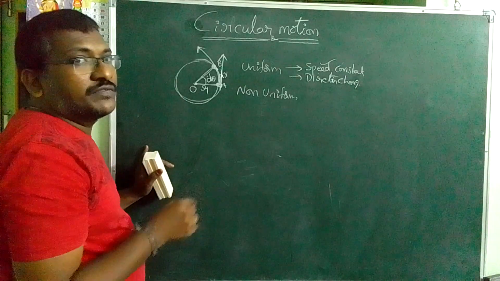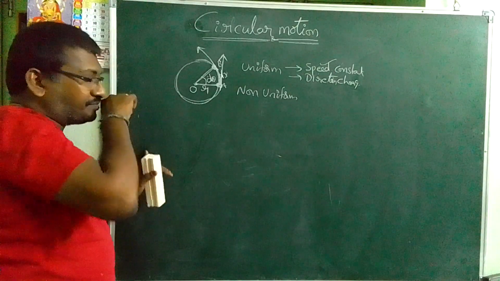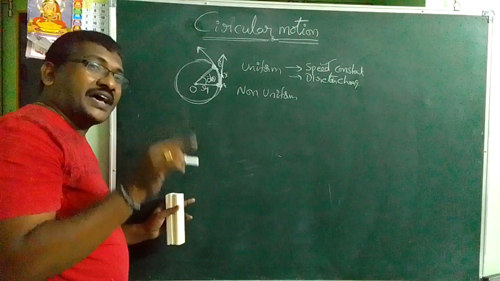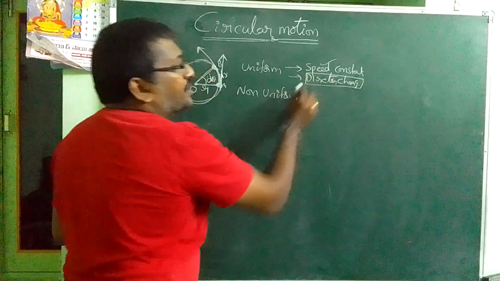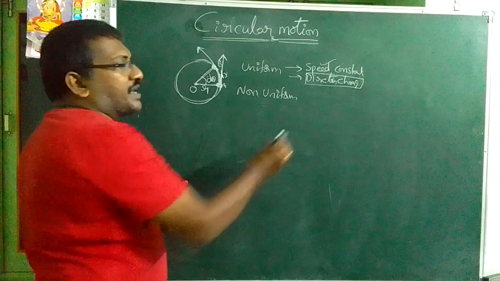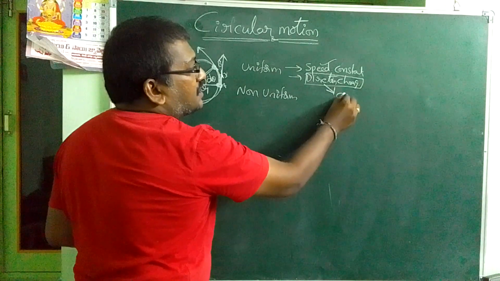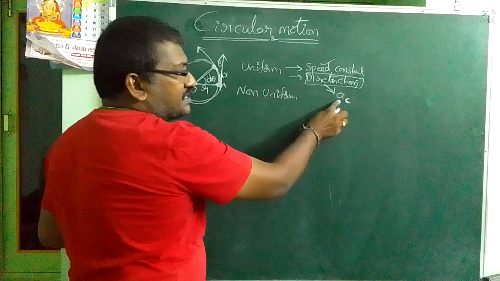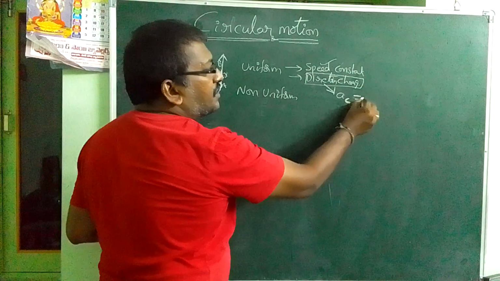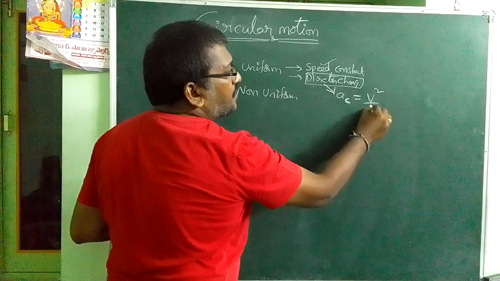That's why the body gains some acceleration. Due to the change in direction of the particle, the body gains some acceleration, called the centripetal acceleration. The centripetal acceleration can be calculated as v square by r.